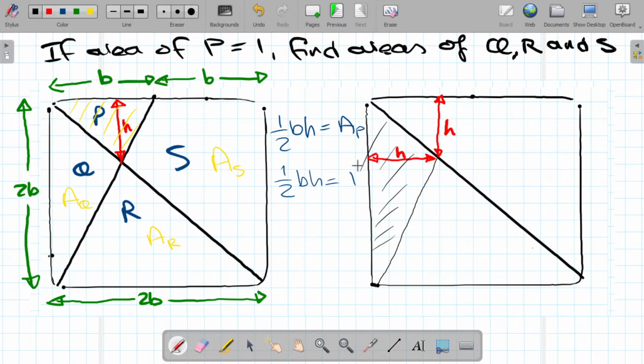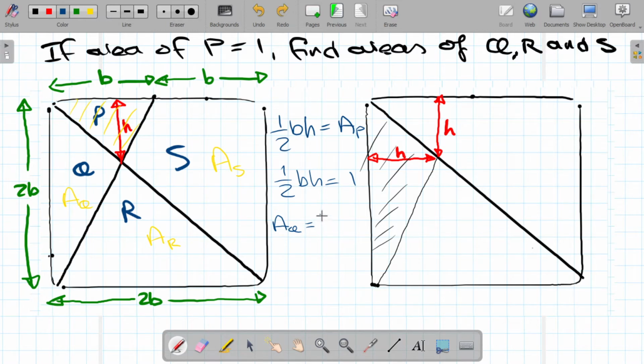Well, what we'll do is we'll just write down what the area of this triangle is then. So the area of Q is again equal to a half the base times the height. But the base of this triangle is 2B.